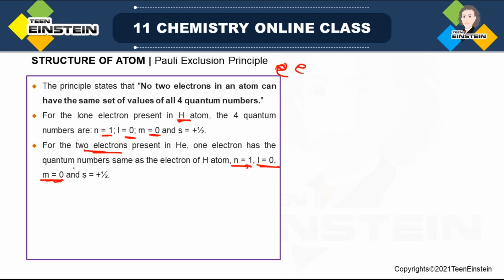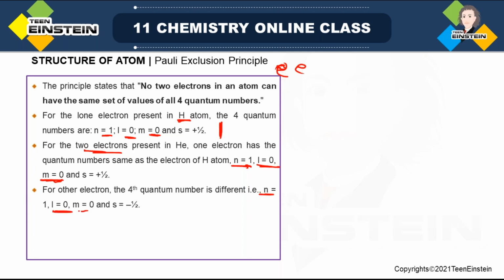So for one electron, it is the same quantum number set that you observed in the previous case, that is hydrogen. And for the second electron, n value is 1, l is 0, m is 0, but now this one must be different. Okay, so this is the rule.